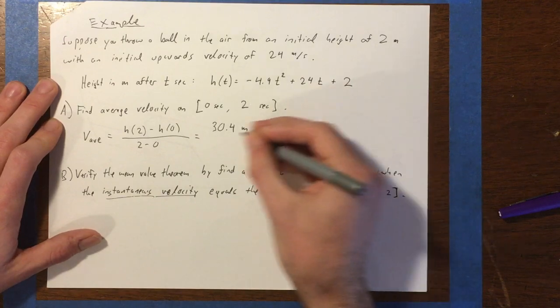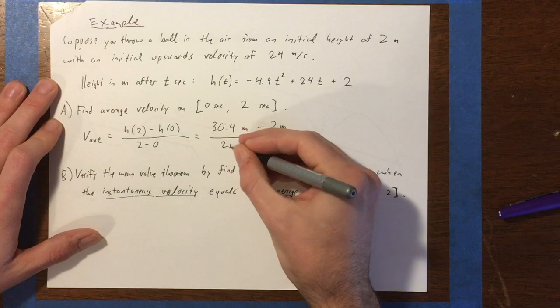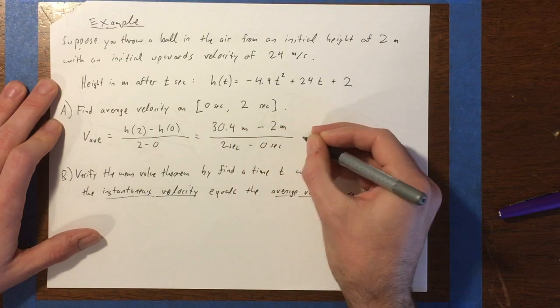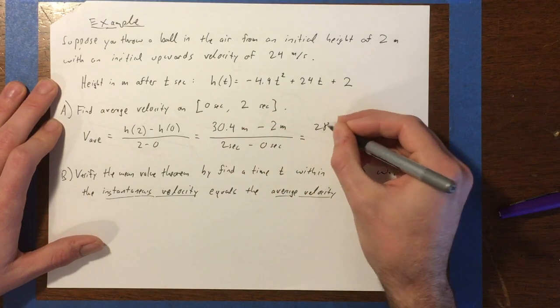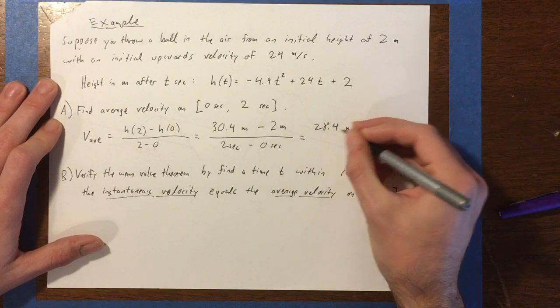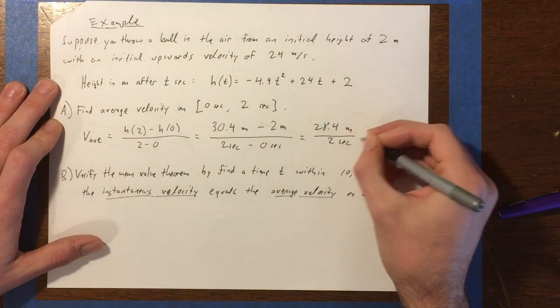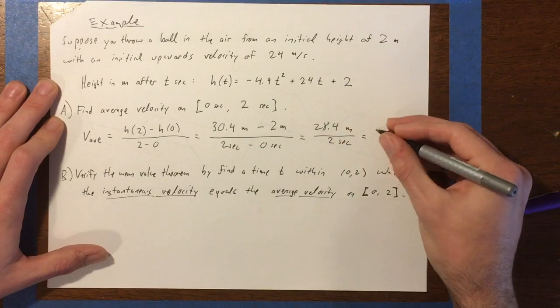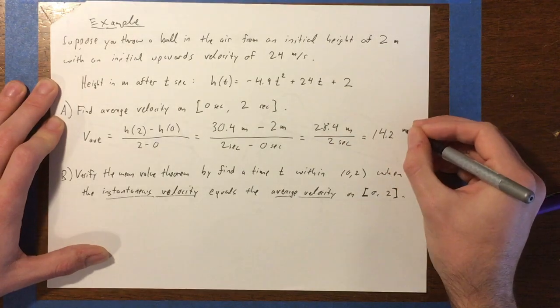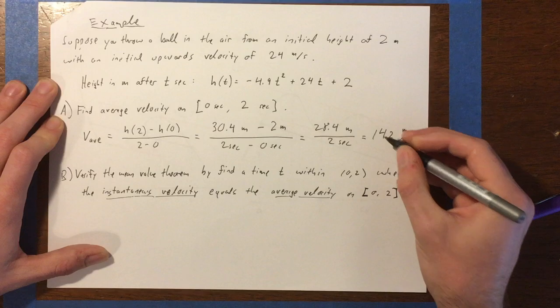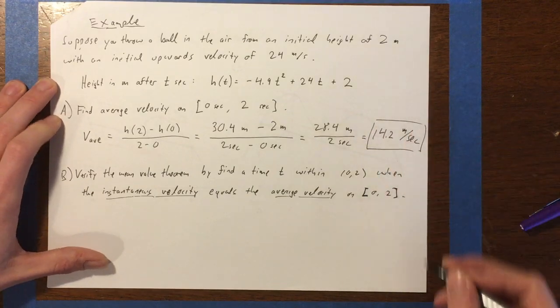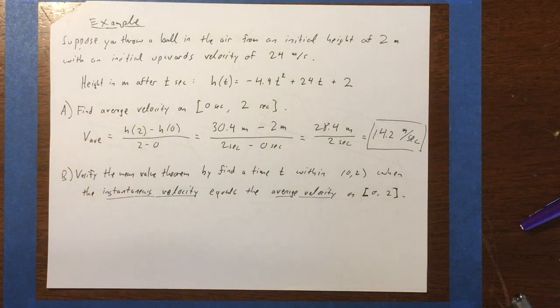So 2 meters divided by 2 seconds minus 0 seconds. So here we have 28.4 meters divided by 2 seconds, and this is 14.2 meters per second. So 14.2 meters per second is the average velocity of the ball.